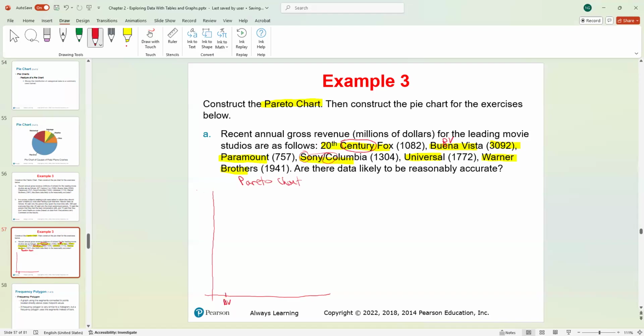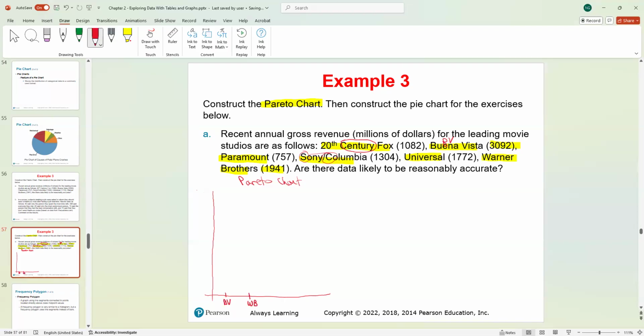I put BV for Buena Vista. The second one with a larger number, what is it? Yes, it's Warner Brothers, 1941. So we put Warner Brothers.